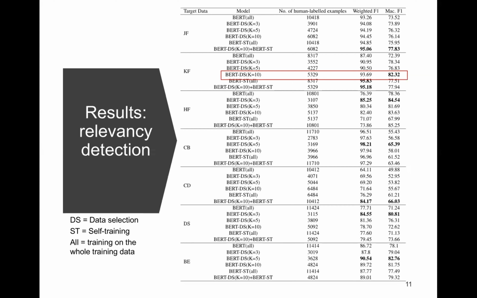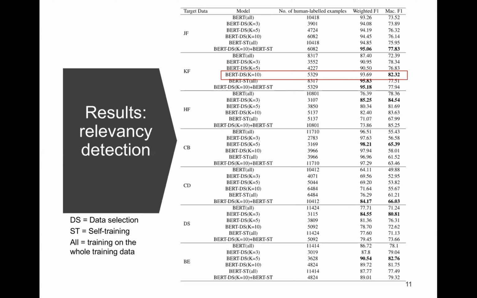And we found out that on average, all the data selection methods perform better than using all the data, despite being a relatively small data set compared to using all of the training data. So it's not about the amount of data; the quality of the data plays an important role here.